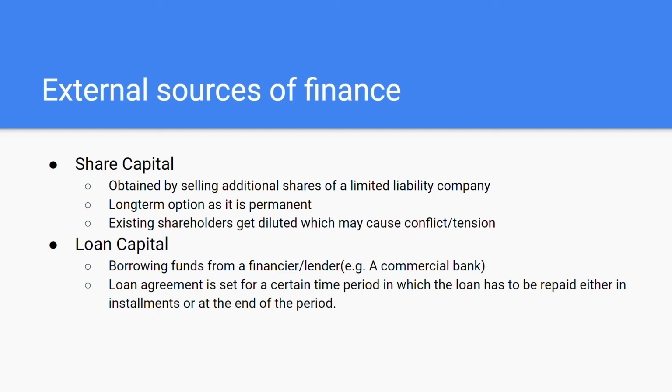A loan agreement is set for a certain time period in which the loan has to be repaid, either in installments, meaning, for example, per month or per quarter, where they always pay a bit back, or they just pay back the full amount at the end of the period that is set in the loan agreement. So this means also that it can be short, medium, or long term. Usually it's more medium or long term, and it all depends on the agreed period, right?